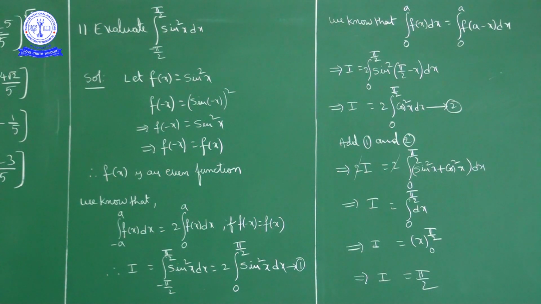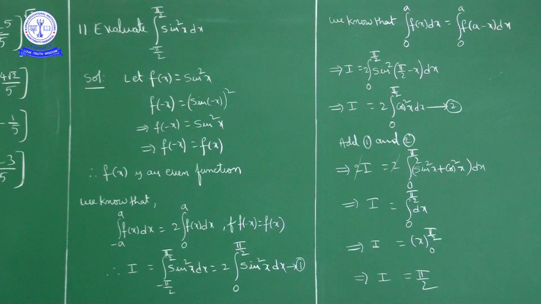So x is replaced by upper limit minus x. So from 1, I is equal to 2 times integral 0 to pi by 2 sin square pi by 2 minus x dx. Now sin square pi by 2 minus x is cos square x. So I is equal to 2 times integral 0 to pi by 2 cos square x dx.